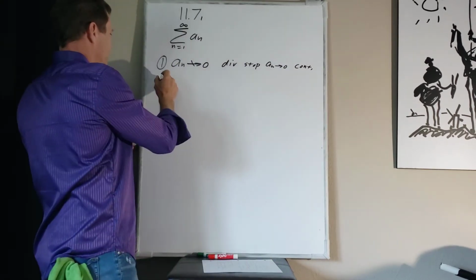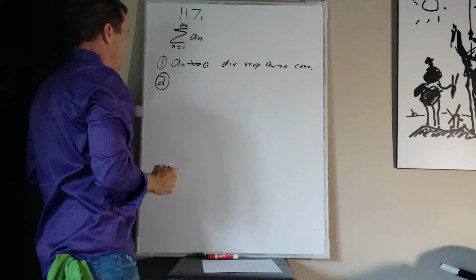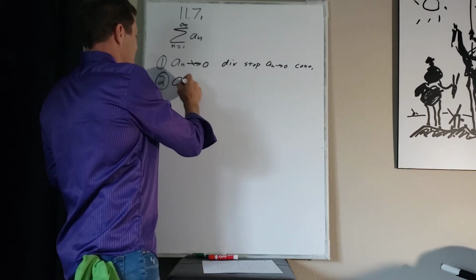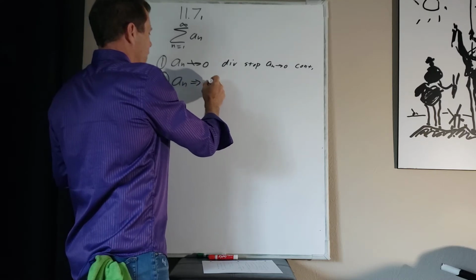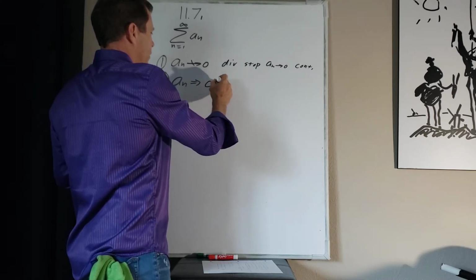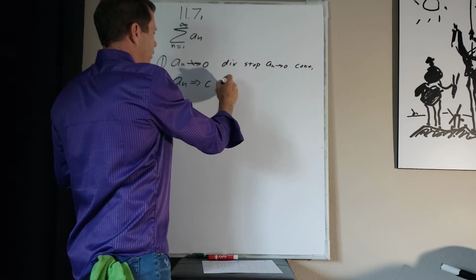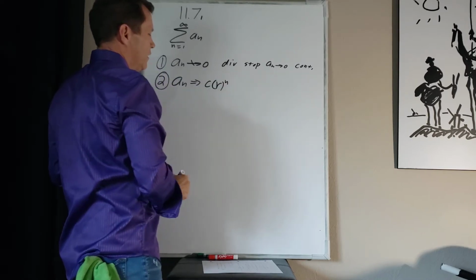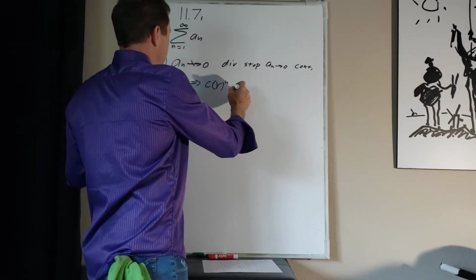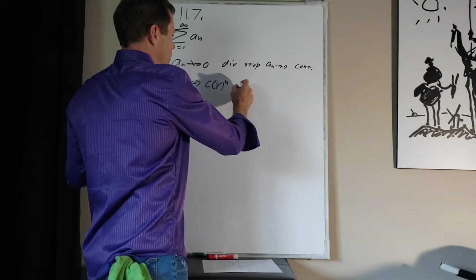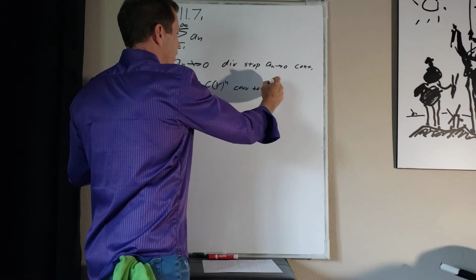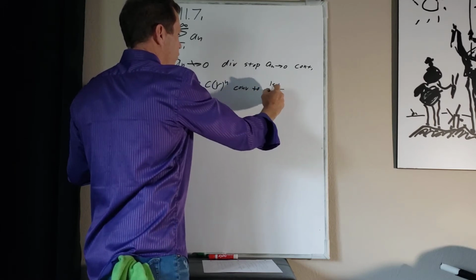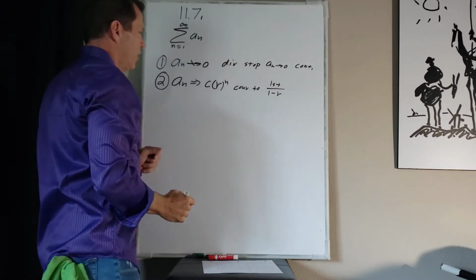Keep working. Okay, so the second thing I'm going to look at, I'm going to see if the AN's look something like a number times r to the n. If they do, this is going to converge to first over 1 minus r. Why am I saying that?